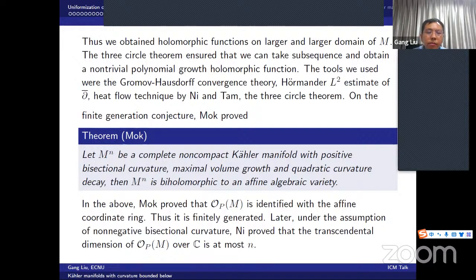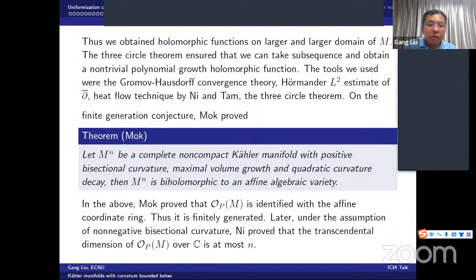Then it is biholomorphic to an affine algebraic variety. Mok actually proved that in this case, O_P(M) is identified with the affine coordinate ring. Thus, it is finitely generated.